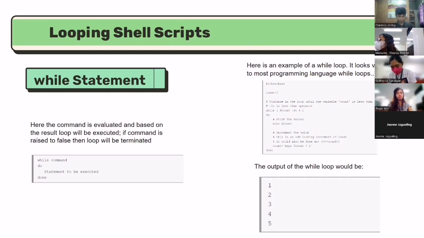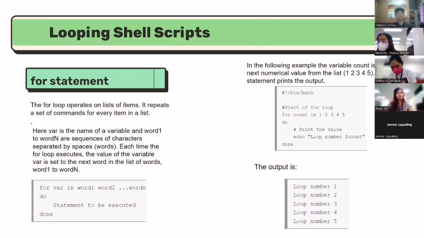Next, for statement. The loop operates on a list of items. It repeats a set of commands for every item in a list. Here, var is the name of a variable, and word 1 to word n are sequences of characters separated by spaces.